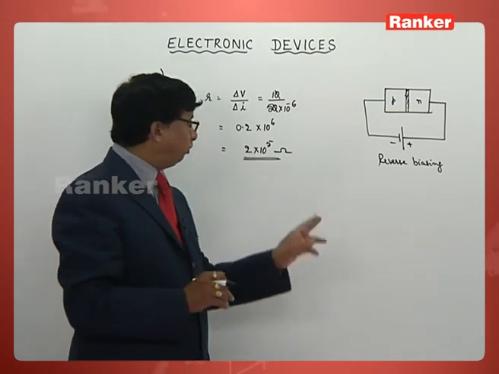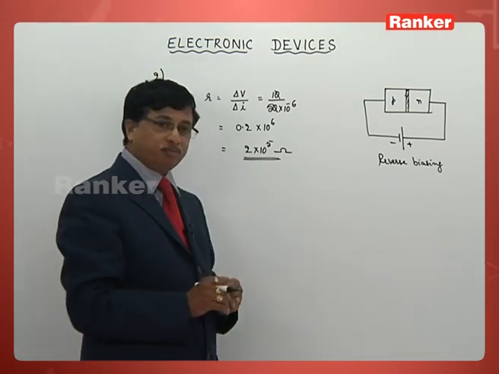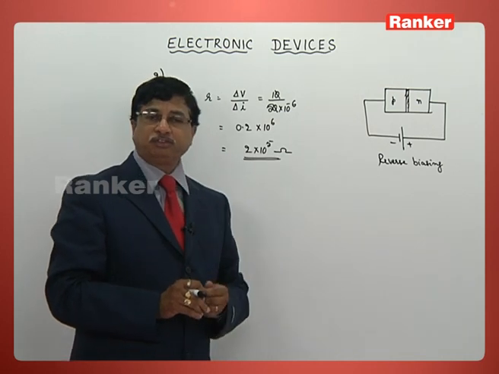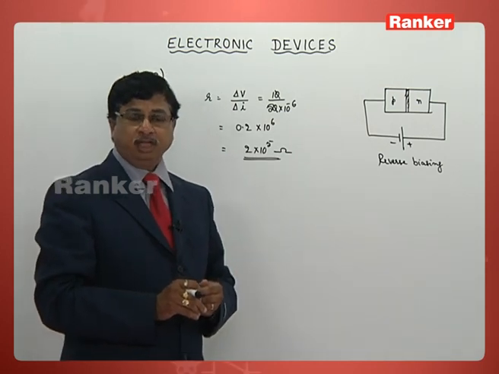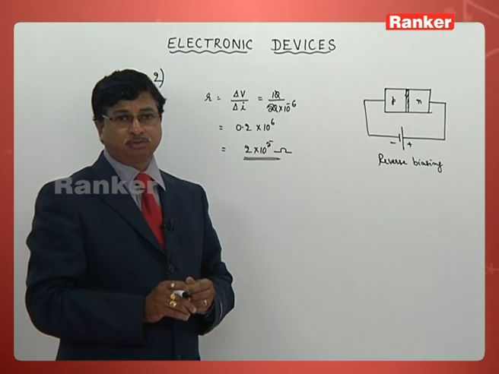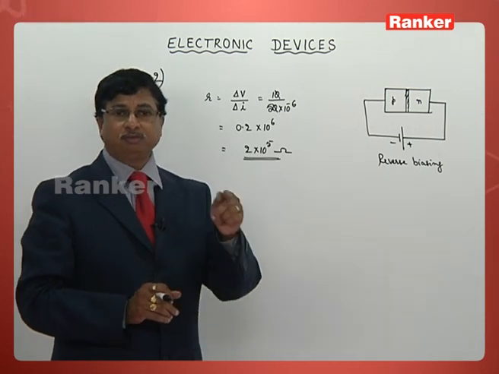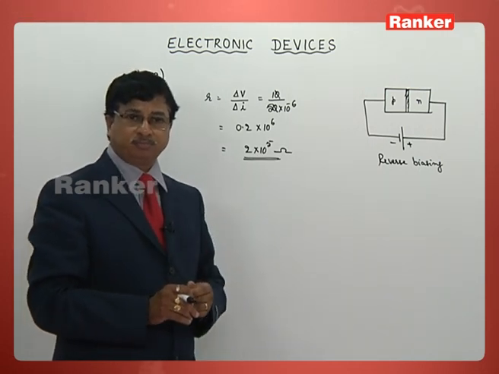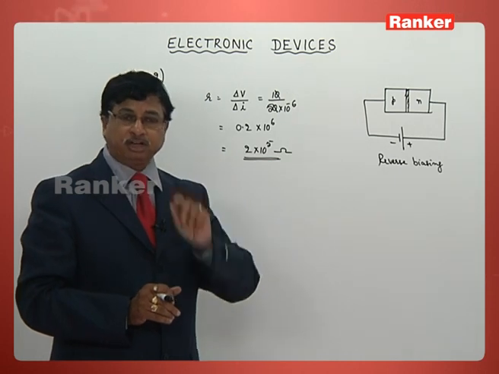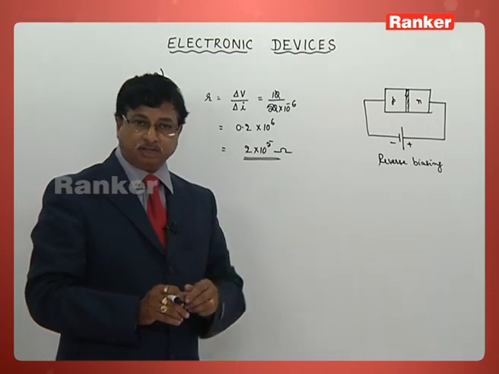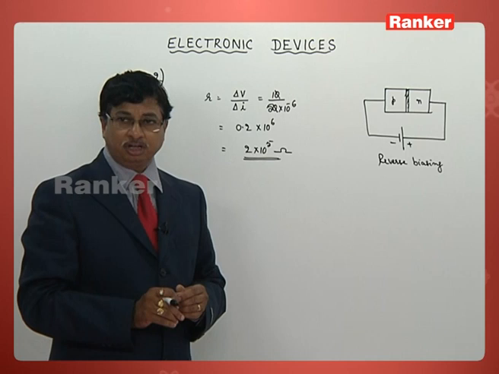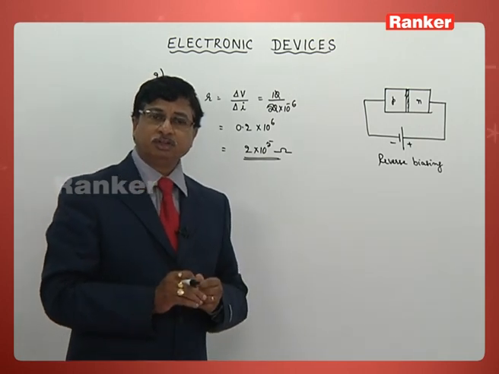Not only that, one more point you can remember here itself. What is the resistance of an ideal PN junction diode when it is reversely biased? Ideal PN junction diode, reversely biased, two conditions he has mentioned. What is the resistance?